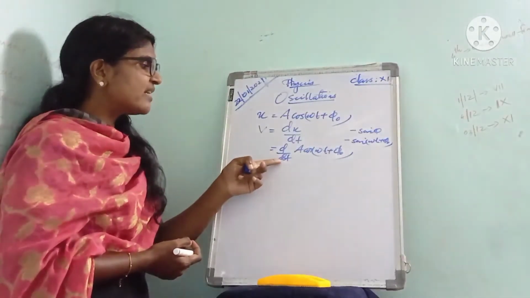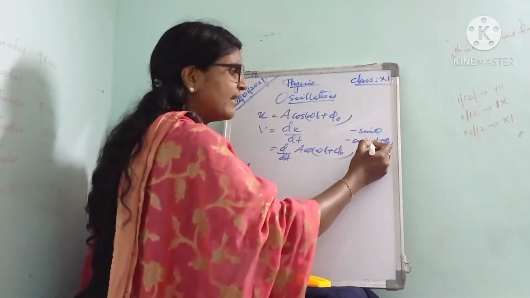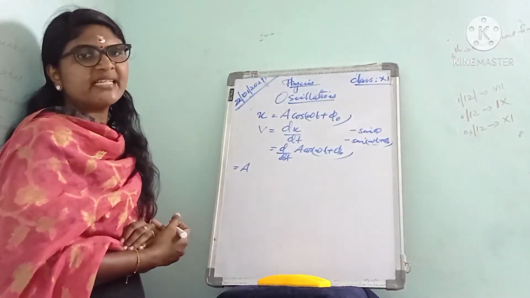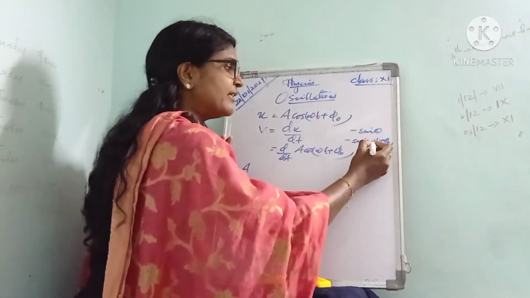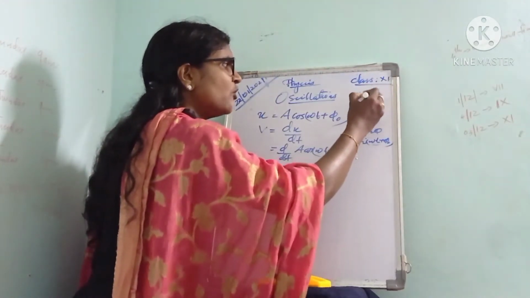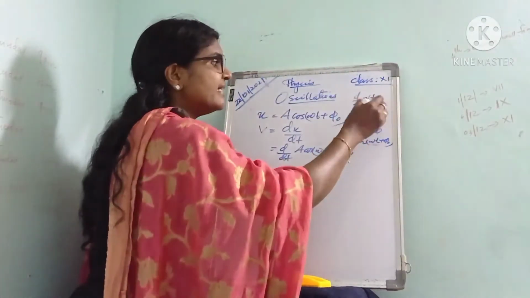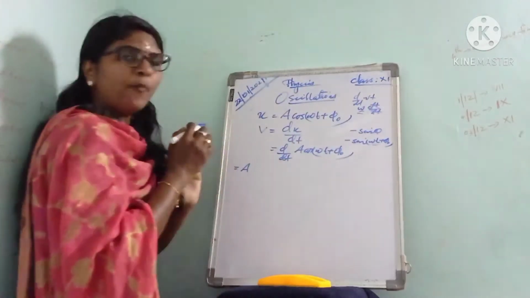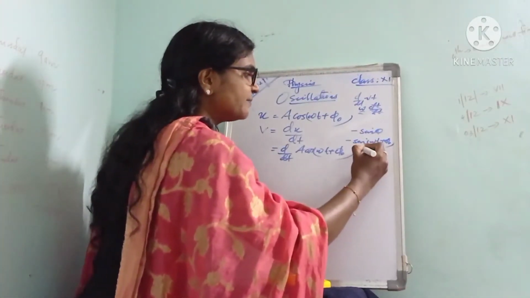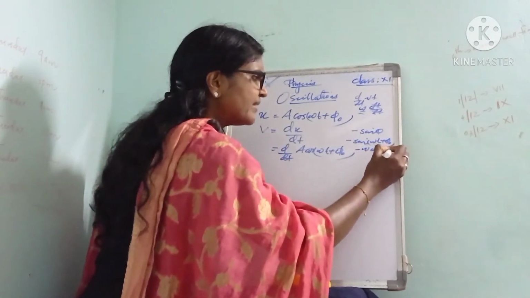Here the differentiation is with respect to time. We have a term which contains time, that is omega t, and we have to differentiate that again. d by dt of omega t: omega is constant, and dt by dt cancel, and the remaining is omega. So we can write everything together as minus omega sin(omega t plus phi 0).